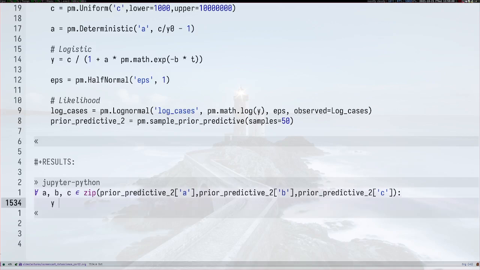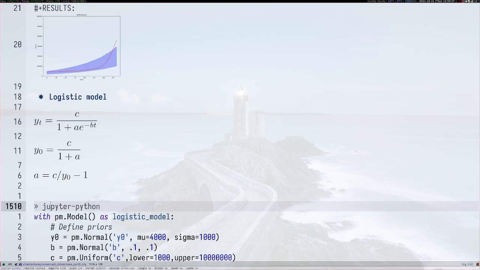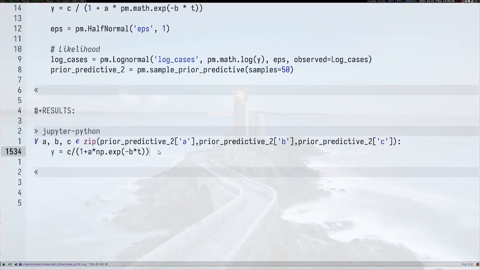Then what we find is that Y is equal to C divided by 1 plus A times, here I can use numpy because I'm not in a pymc3 block, minus B times T. Oops, not sure what happens here. Y is C divided by 1 plus A times the exponential, that looks okay.